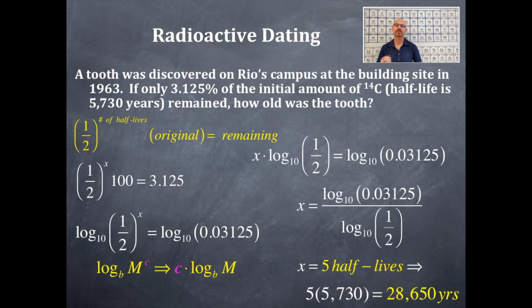So 5 times 5,730 gives us the age. Our tooth is 28,650 years old. Okay? That's when that tooth died, or the organism which had that tooth died, if you will.